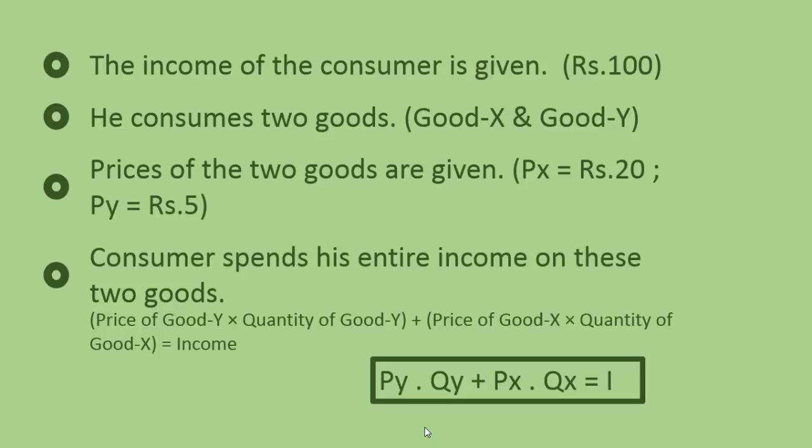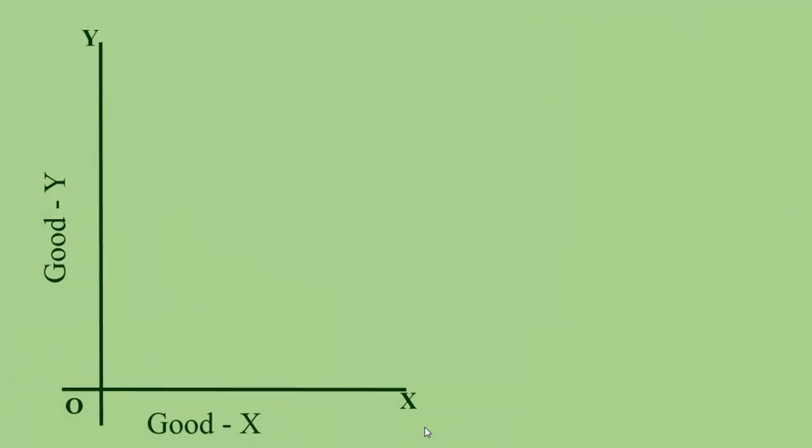Amount spent on good Y plus amount spent on good X is equal to the income of the consumer. Algebraically, it can be stated as Py into Qy plus Px into Qx is equal to I. You must understand it is a straight line equation in the general form.